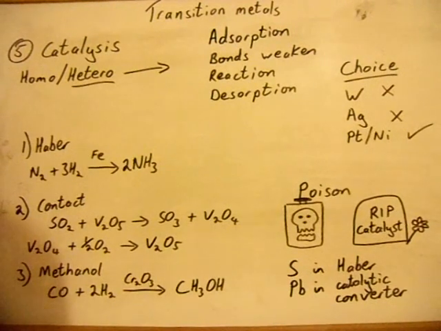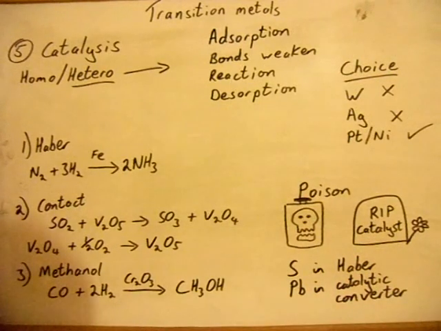So you've got your chemicals floating about, you've got your metal, which will usually be in a honeycomb structure supported on something just to increase the surface area, again increasing the rate even more. The chemicals which are reacting will come near it and form weak bonds with the transition metal. The fact that they are forming bonds means the bonds between them weaken.